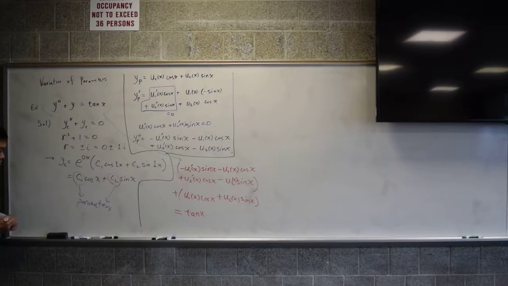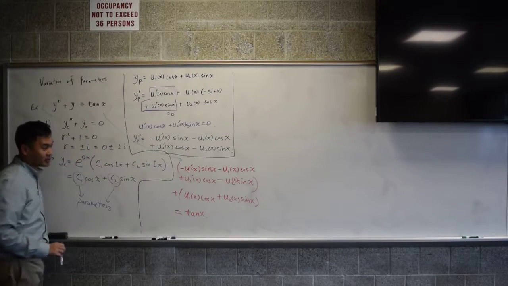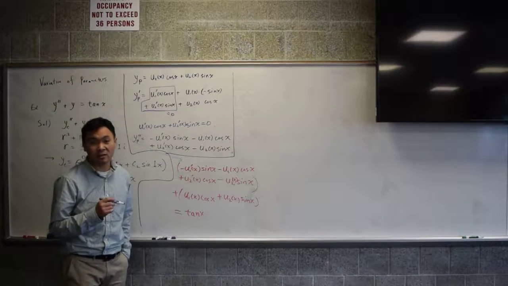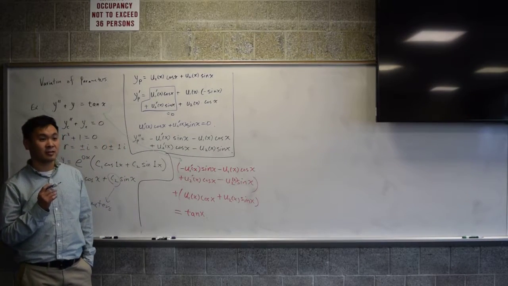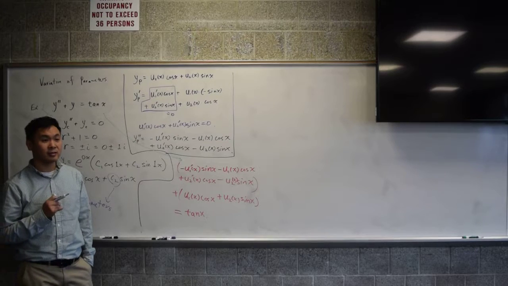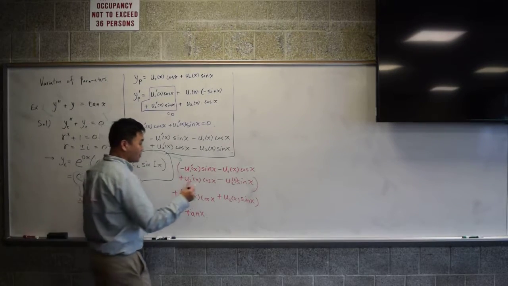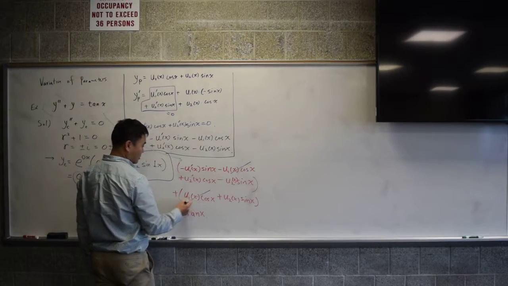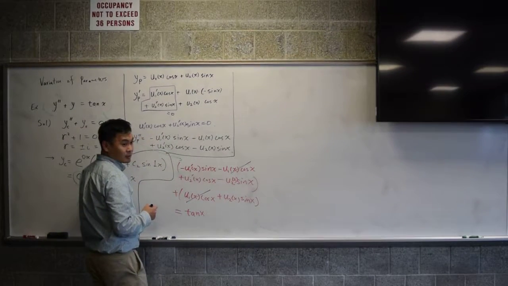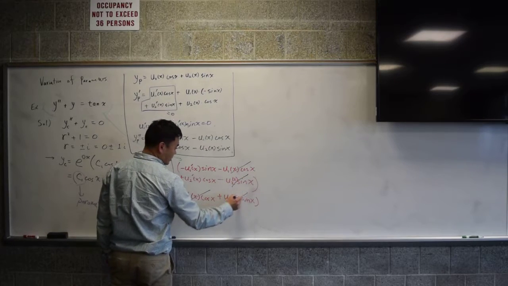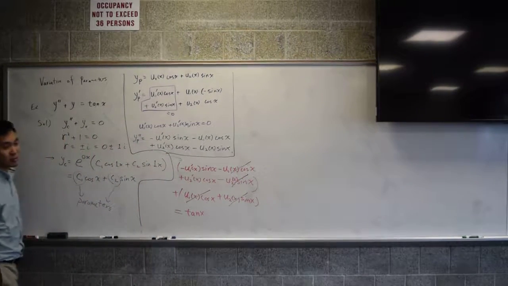Okay, let's go back and check if anything gets simplified. Do you see anything getting canceled? Negative u1 cosine of x and the u1 cosine of x. And then the u2 sine x. Those cancel. Okay?